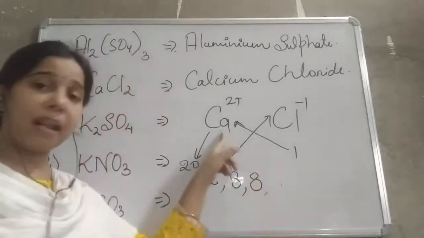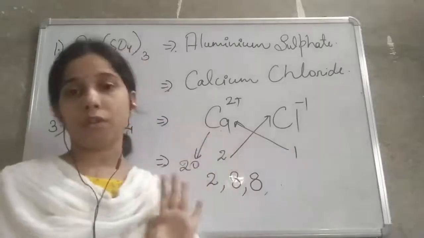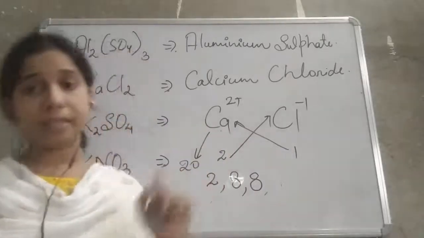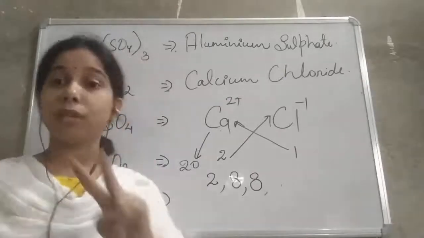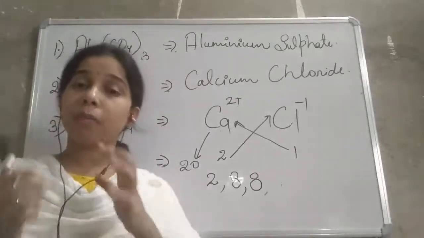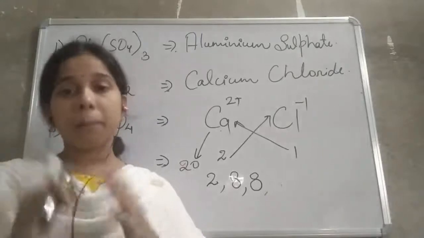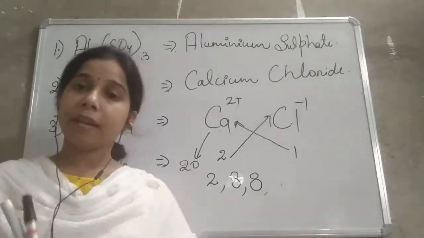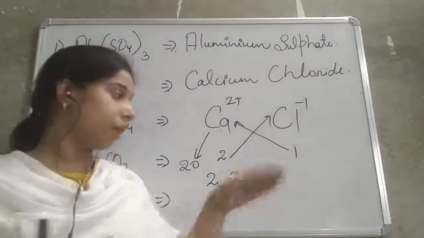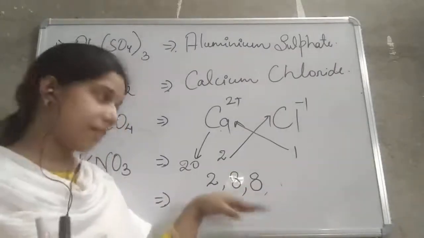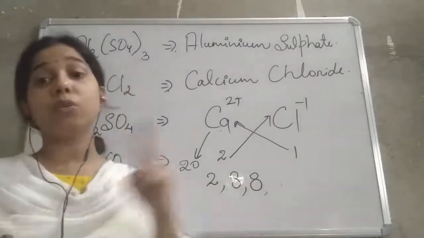So if calcium loses 2 electrons, then it will become stable, and thus the valency of calcium is 2. Because to become stable, to complete its octet, it loses 2 electrons.